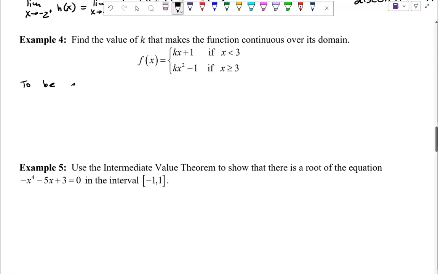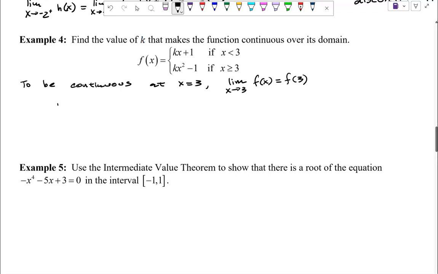To be continuous at x equals 3, we need the limit as x approaches 3 of f of x to equal f of 3. Well, for the limit to exist and equal a specific number, that means the right-hand limit and left-hand limit have to equal each other when we plug in 3.